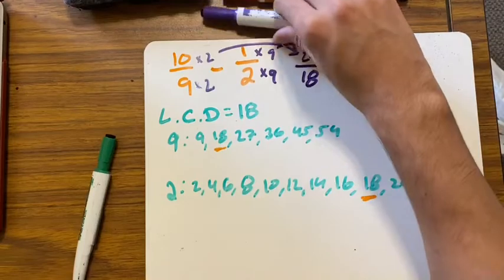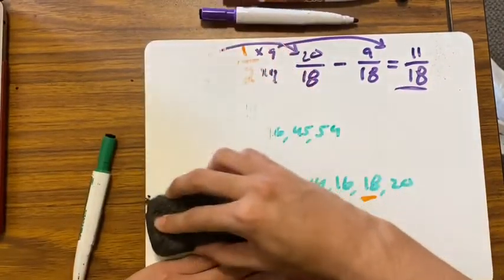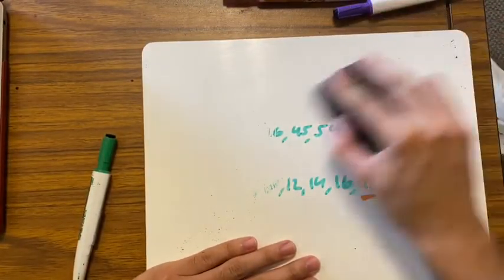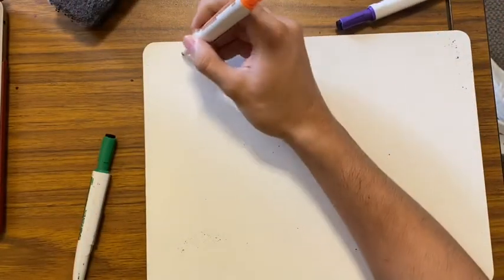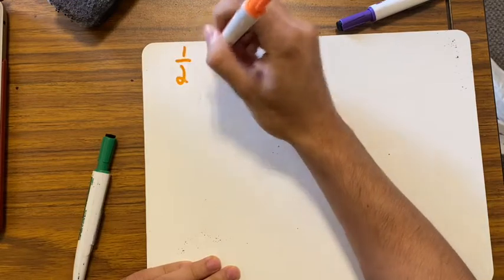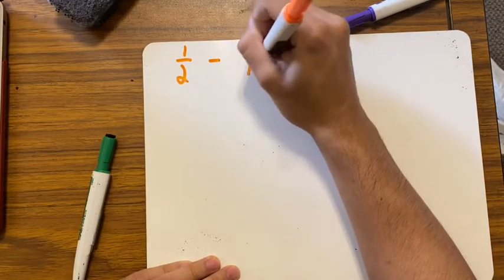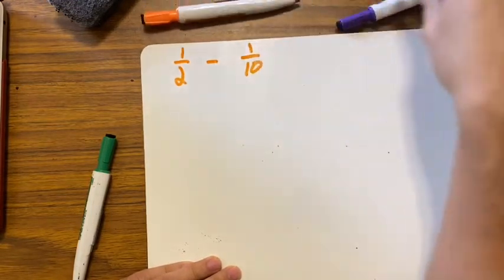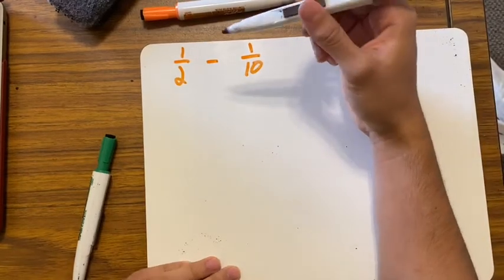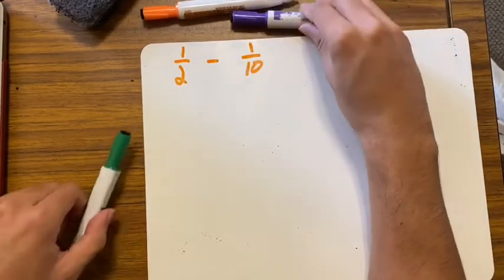So I'm going to go ahead and do it here again. I have 1 over 2 minus 1 over 10. Okay. So again, let's find our least common denominator.